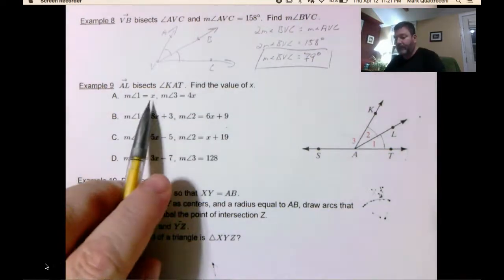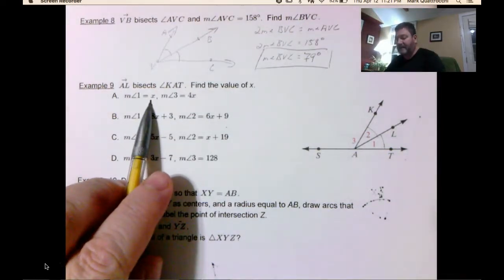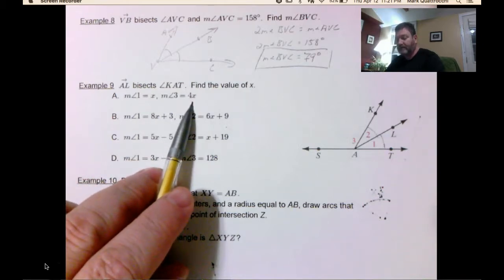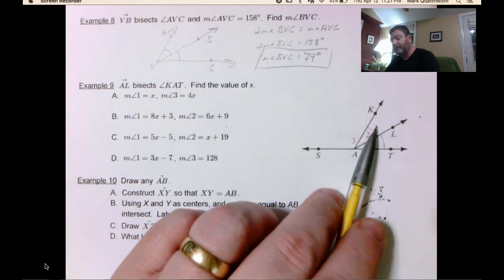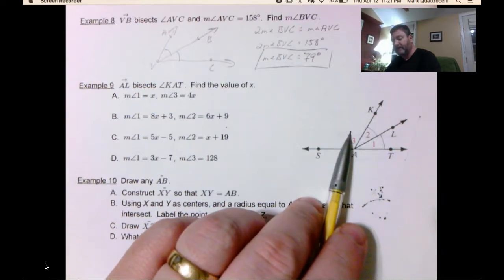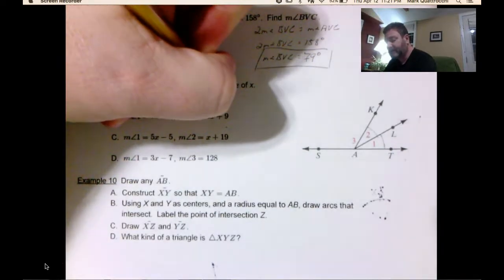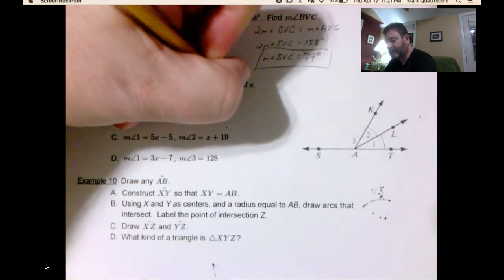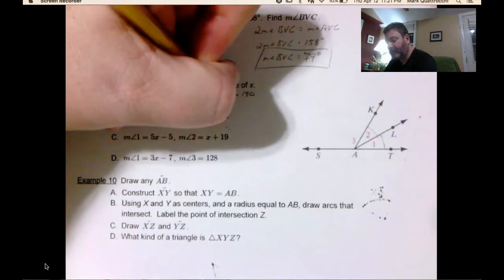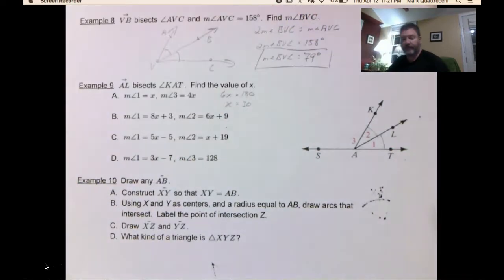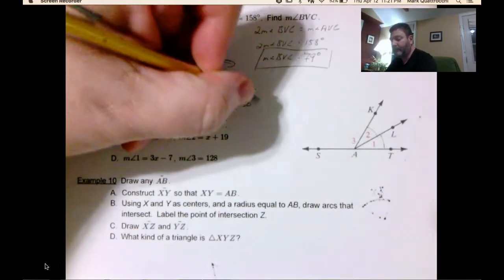Okay, so if angle 1 is x and angle 3 is 4x, then I have x plus 4x is equal to 180, or 6x equals 180, x equals 30. Part A, x equals 30.